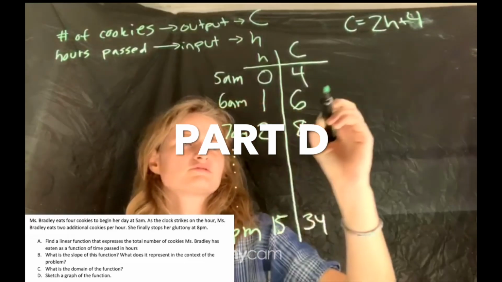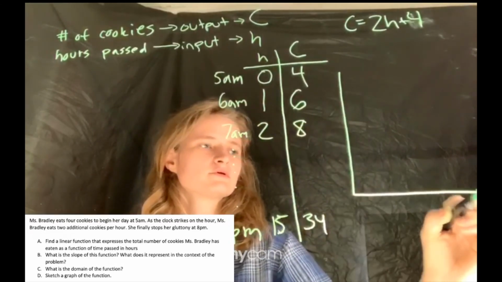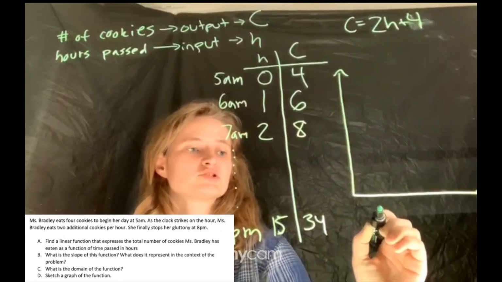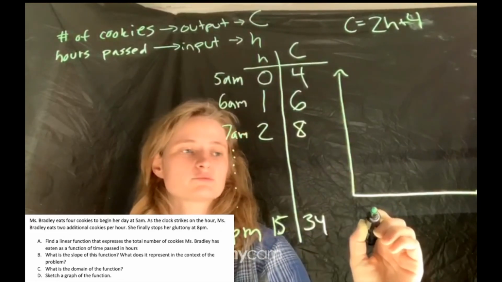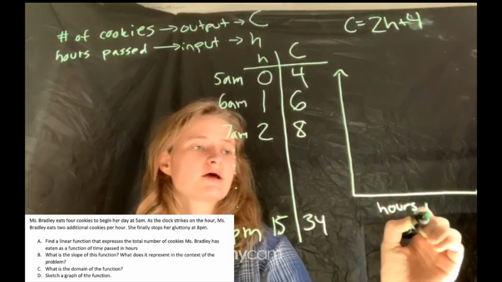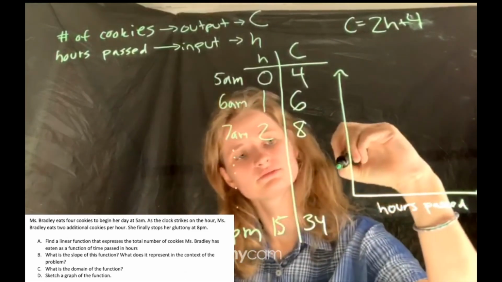Okay, and finally, we just have to draw a graph of this. When you're drawing a graph, it's super important that you label the axes, especially now that we're talking about things other than x and y. So our x-axis is hours passed. Our y-axis is cookies.